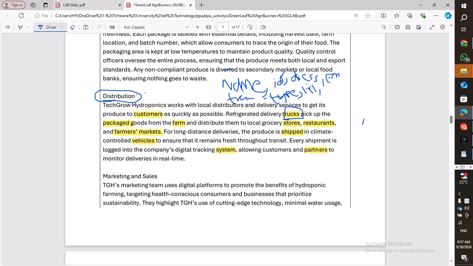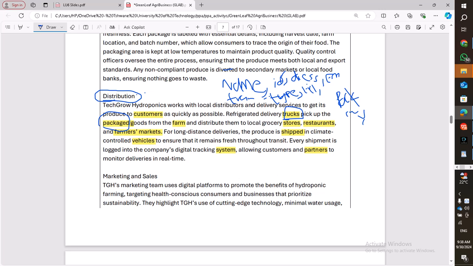So okay, then I will go for the package. Think about the package. It's like a type of package. What else will we look for in the package?